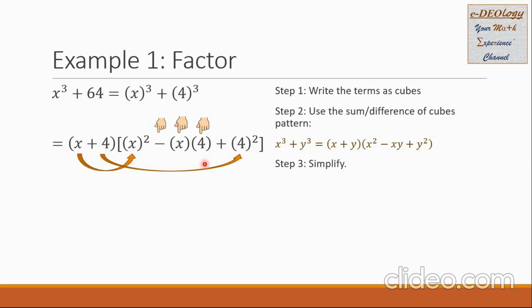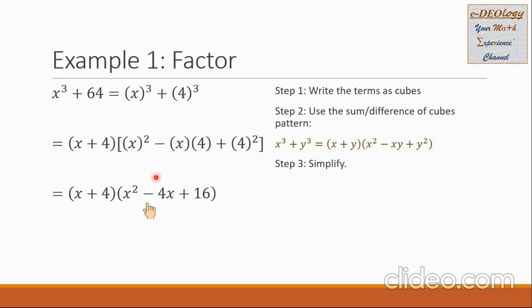In the middle term, I am going to multiply the two terms here. So x times 4. But take note that we will use the opposite sign. So all the terms are now in place. We will just simply go to step 3 to simplify.